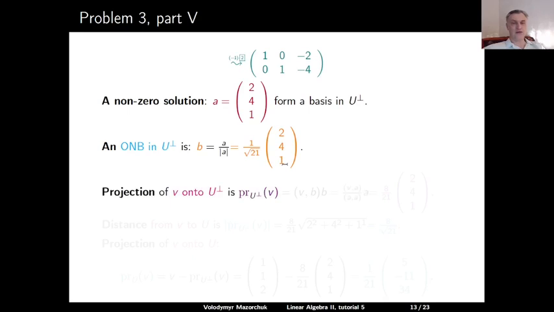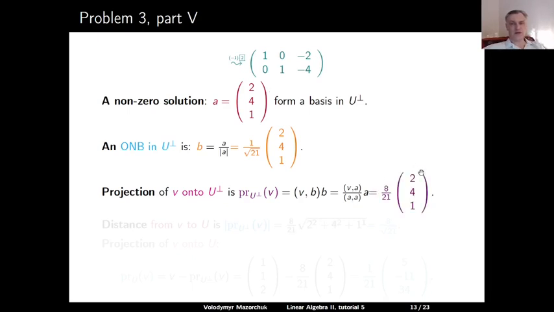So now we can directly compute the projection of v onto the orthogonal complement of u, because this is just b times the scalar product between v and b. In other words, it's a times the scalar product between v and a divided by the scalar product between a and a. And the vector v was 1, 1, 2.